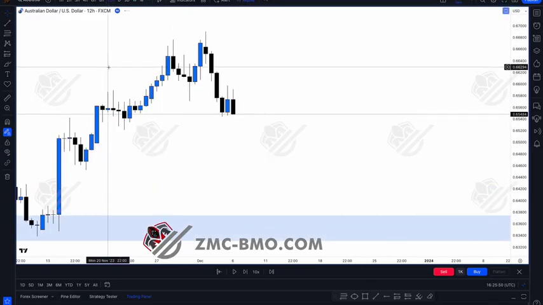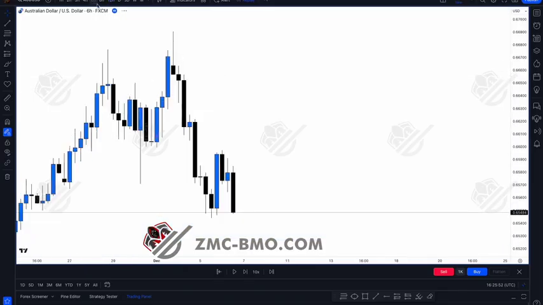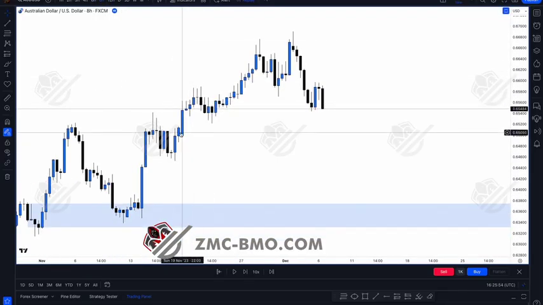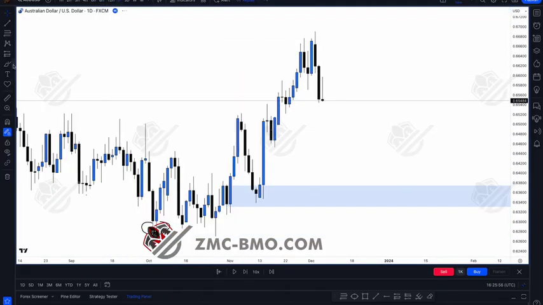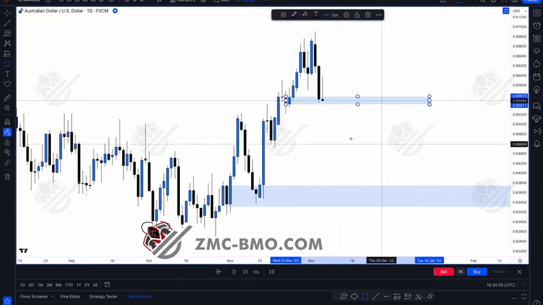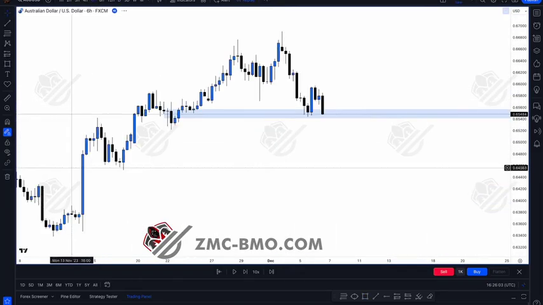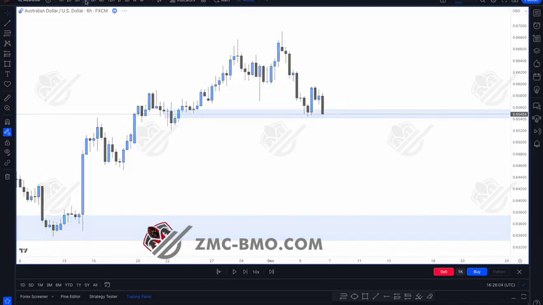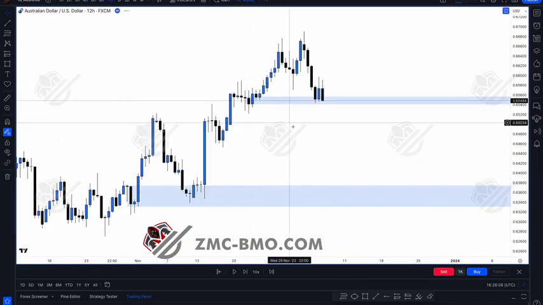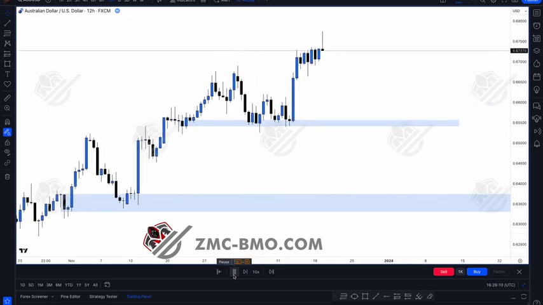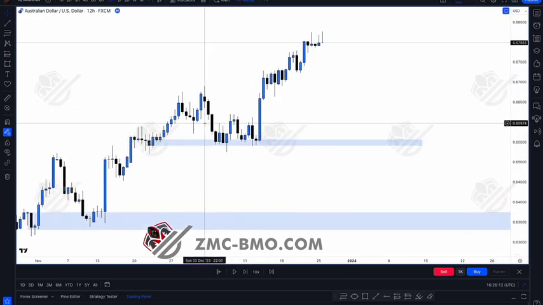Saw that daily little region there. So the daily region is here for you to potentially get in. Just trying to see if I can refine that a bit better. Cool, doesn't look like it. So a little bit of a move away from there.